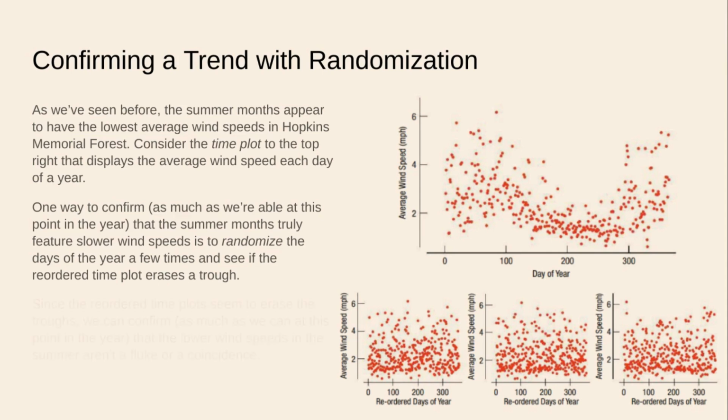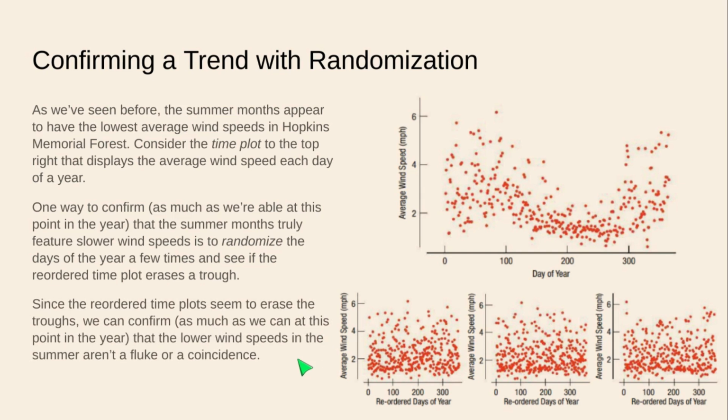Okay, so since the reordered time plots seem to erase the troughs, all right, so we reordered the days of the year, put the days of the year in a random order, and look at that, we have no trough, all right? This looks like chaos all the way through. The lower wind speeds in the summer are not a fluke or a coincidence, okay?